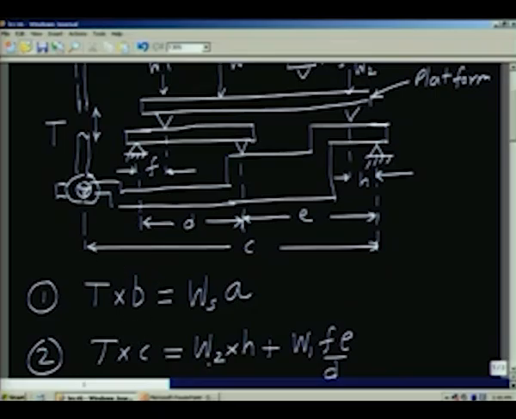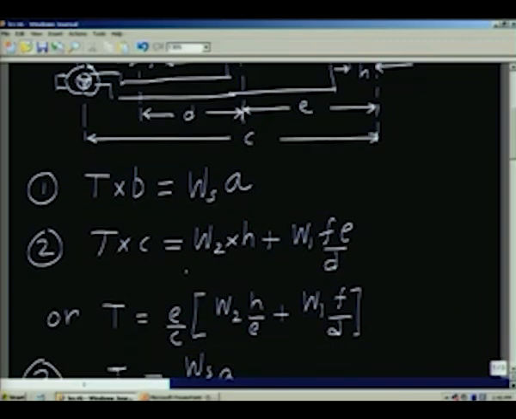This must be balanced by W2, which is acting here at a distance h, W2 into h, plus W1 is acting here, and there is another lever here. Therefore there is a factor of F into E by D. E is this distance, and this F by D comes from this lever. Okay. Therefore what we have is T into C equal to W2 into h plus W1 into F into E by D.